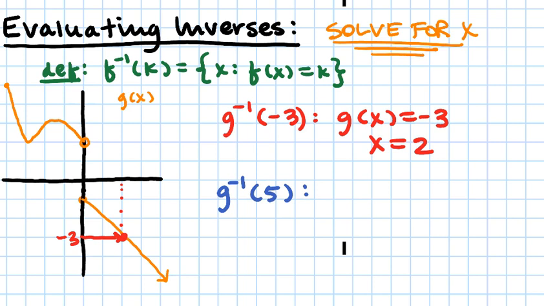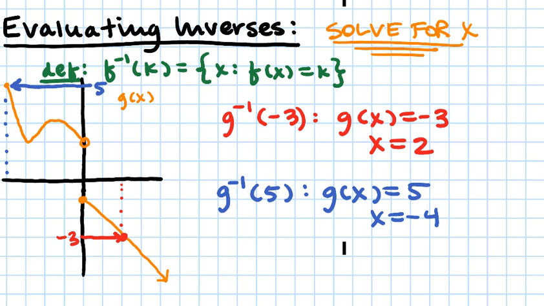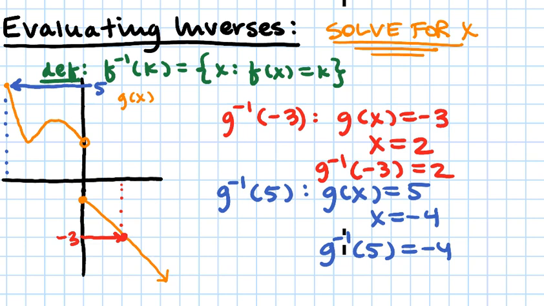If you're watching at home, you just follow along. g inverse of negative 3 was equal to positive 2. All right, there you go.